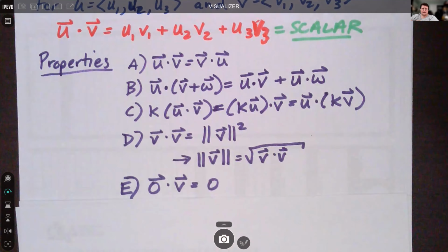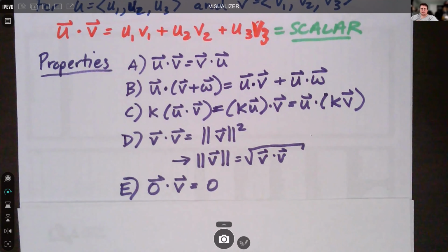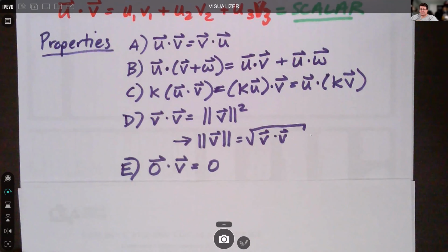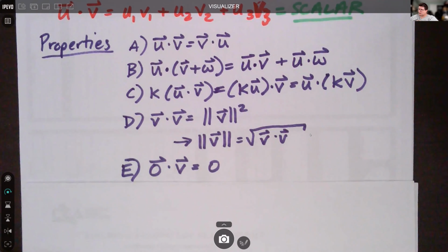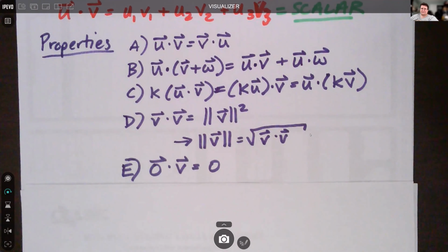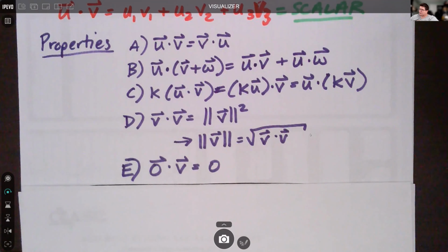So v dot v is the norm squared. And the zero vector dotted with any vector produces 0. Some basic stuff. Properties that you should know. They're very similar. In fact, you'll find that a lot of what you learned from the real numbers applies here.